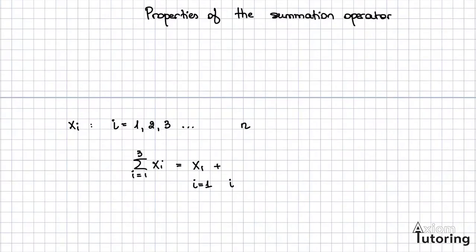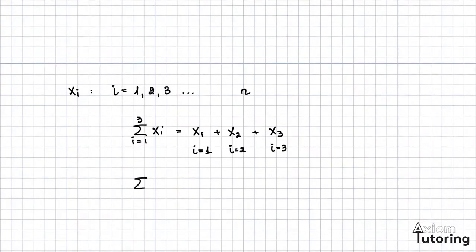Then the moment that you jump on the second counter, i equal to 2, now you have x2. And the moment that your counter increases again by 1 and you have i equals to 3, then this is your x3. Okay? If you have longer counters, so you got 1 to n, xi, then we generally write it as x1 plus x2, and then 3 dots to say this continues until xn.